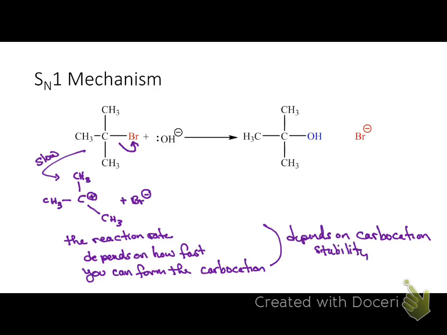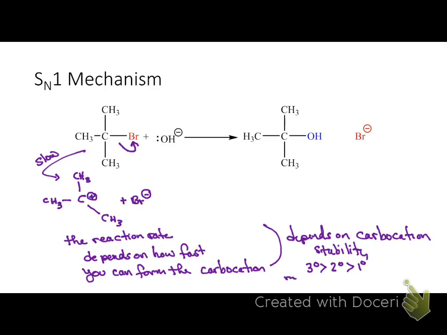Okay, what did we learn about carbocation stabilities before? What's the most stable carbocation? What's the least stable carbocation? Do you remember? Yeah, tertiary is the most stable because it has the most alkyl groups around it. So that's actually why this is drawn with the tertiary alkyl halide, because that's the one that forms the carbocation easiest. This is where we see it the most. Okay, so we know that tertiary is more stable than secondary, which is more stable than primary.